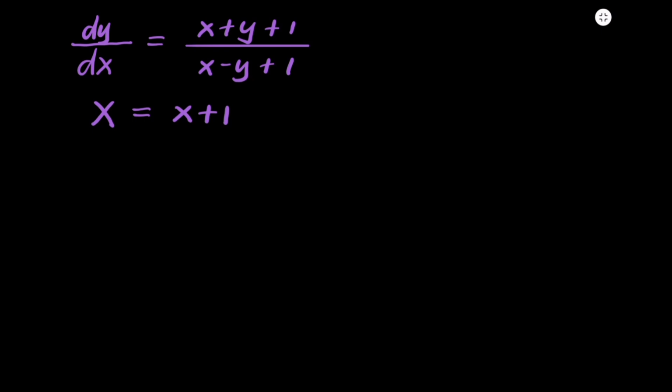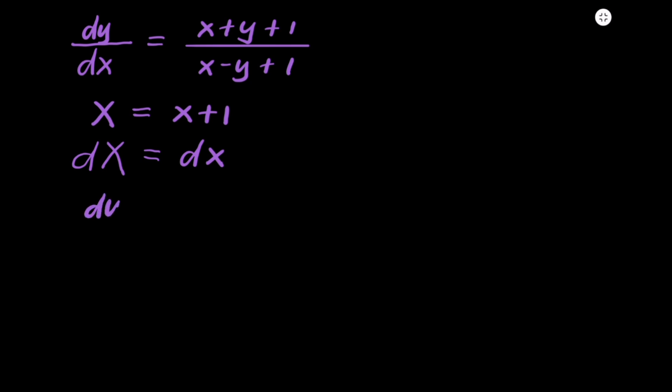Okay? Then differentiating both sides, we have dX. So the left side is with respect to the uppercase X and the right side is with respect to the lowercase x. So the derivative of x + 1 is 1, right? So we write dX = dx. So we can now rewrite the differential equation.